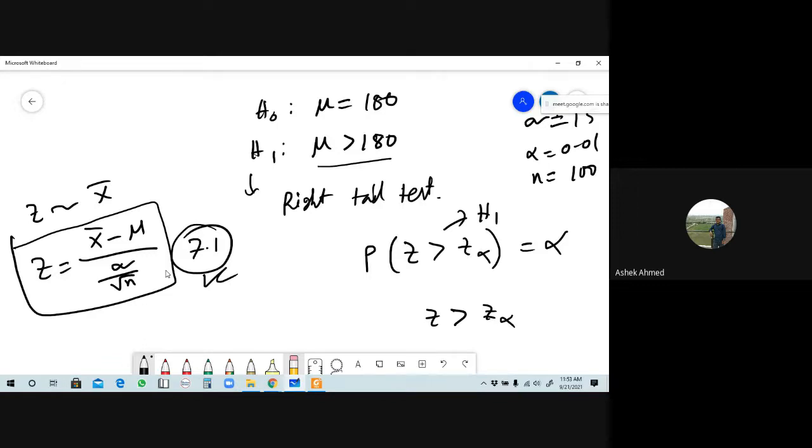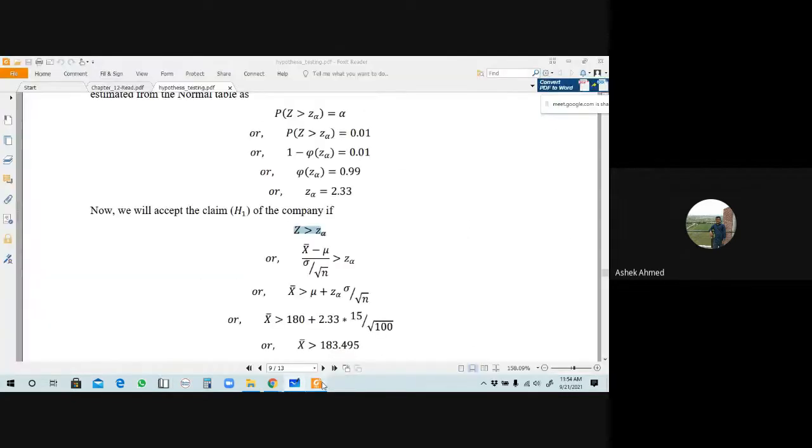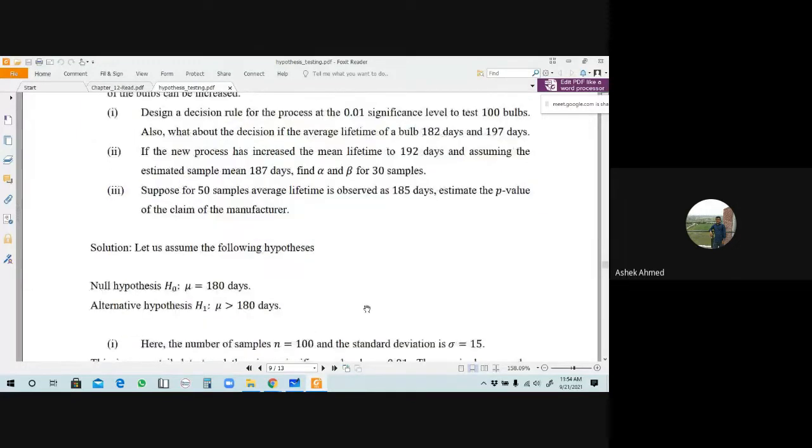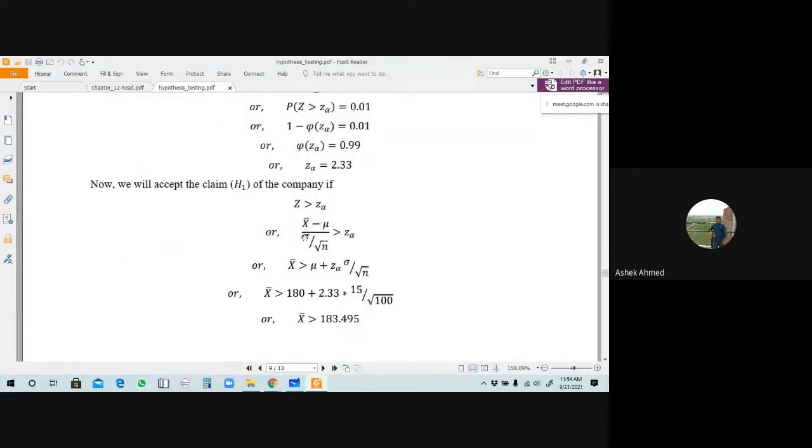So the value of z will be x bar minus mu by sigma by root over n. Since we are talking about the average lifetime, we will apply z equals x bar minus mu by sigma by root over n.